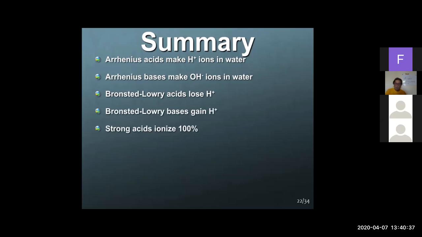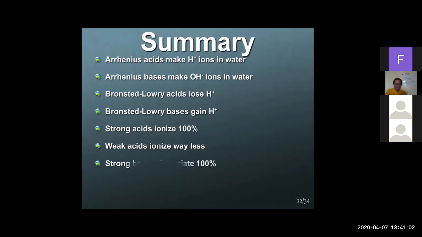And then when we talk about a strong acid, that is an acid that dissociates to approximately 100%. So all the ions are in solution. Weak acids dissociate much less than 100%. A lot of the acid is still combined, and we have a little bit in ions.